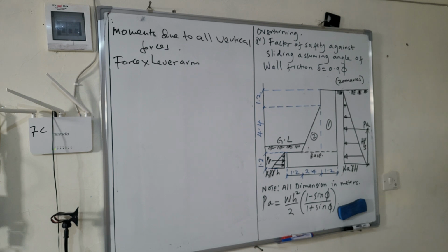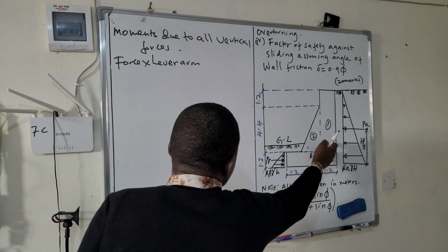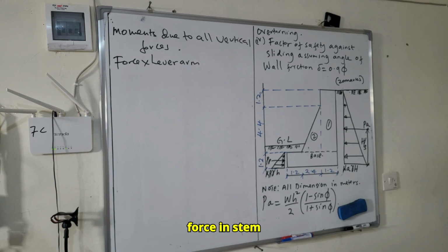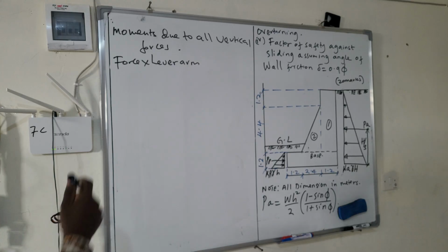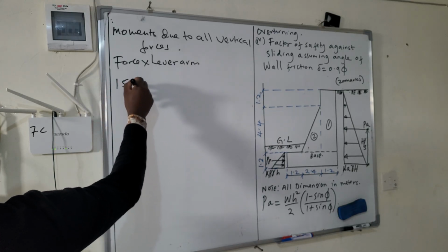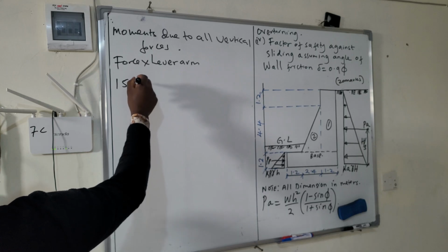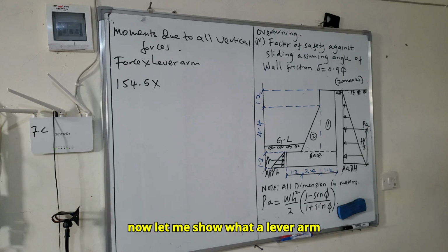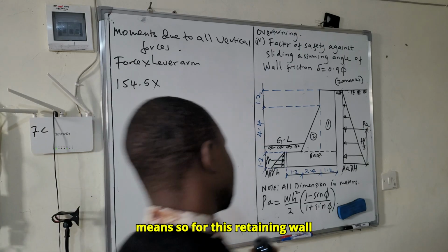So we begin with force as a result of stem 1. Our force in stem 1 is 154.5 times the lever arm. Now, let me show what a lever arm means.